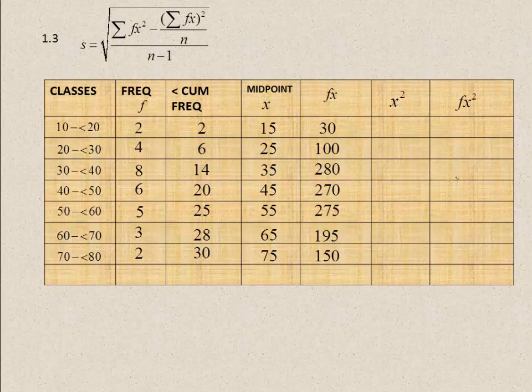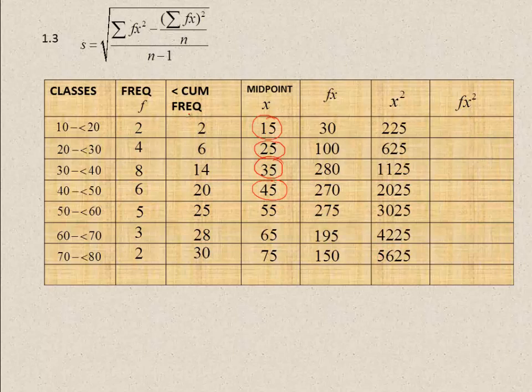And guys, when I populate this and I add up this whole column coming down here, I end up with the sum of fx squared. Let's go for it. X squared means this squared, 15 squared, 25 squared, 35 squared, 45 squared, and on until you get 75 squared. How do I get this column here?